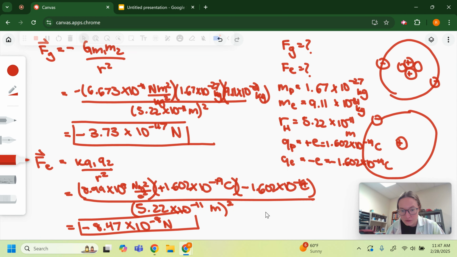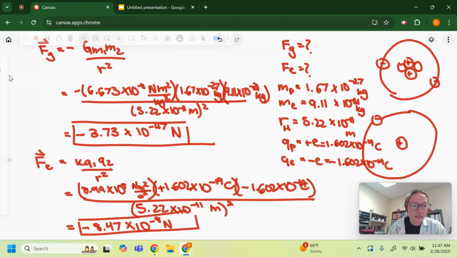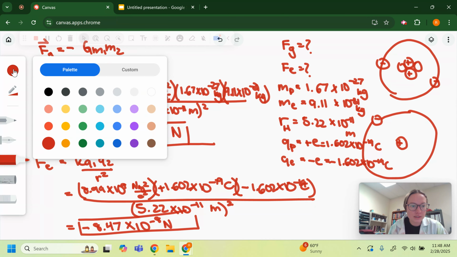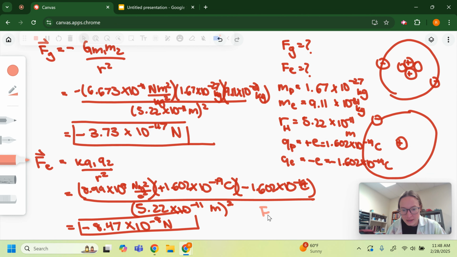Here's something I want you to do. Let's change up our color just slightly here. I'm going to make it a lighter red. Try this. Can you do the electric force between the proton and the electron divided by the gravitational force between the proton and the electron and find out what you get?